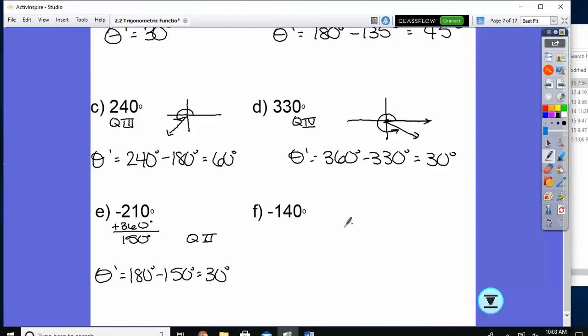Okay. Negative 140. So if I add 360, we get 220. What quadrant is that? Quadrant 3. It's between 180 and 270. So how would I get my reference angle?